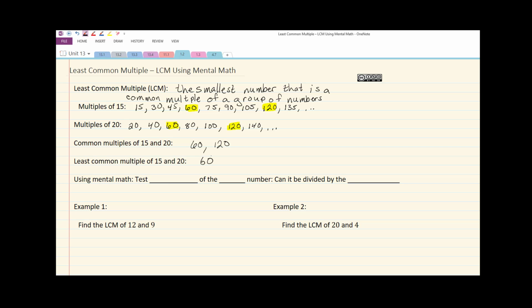Now, using mental math, we can test the LCM of the group of numbers by thinking, can it be divided by the multiples?